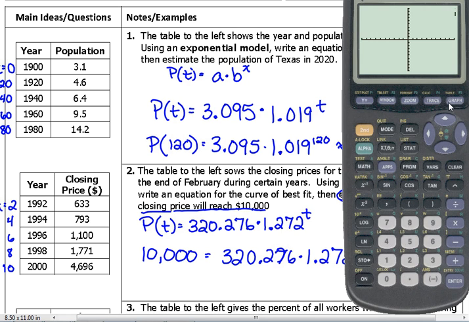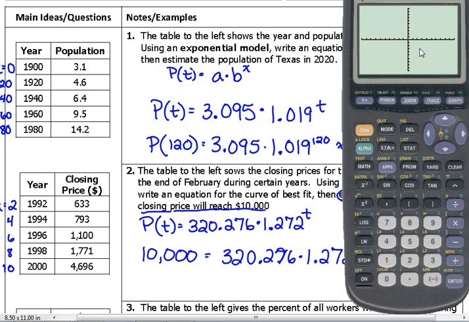And then I'm going to graph it. And I can't see anything. Anybody have any ideas why I can't see anything? Oh yeah, it's way outside my window because I put 10,000 in there.